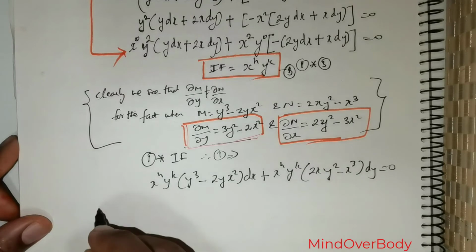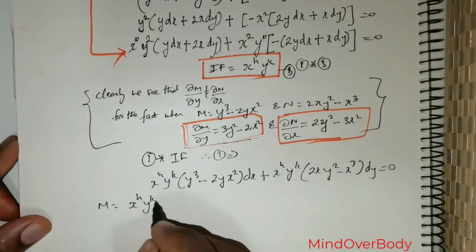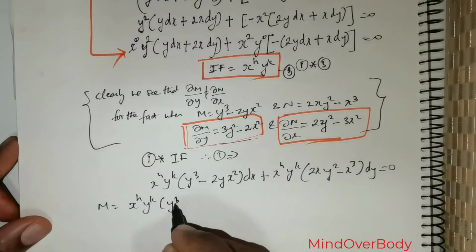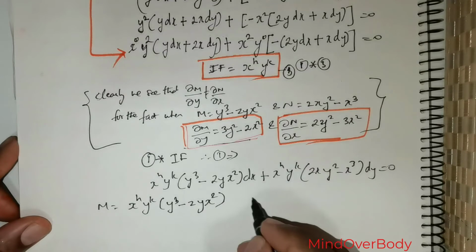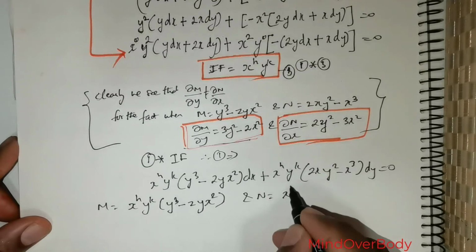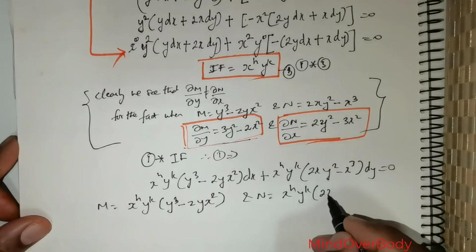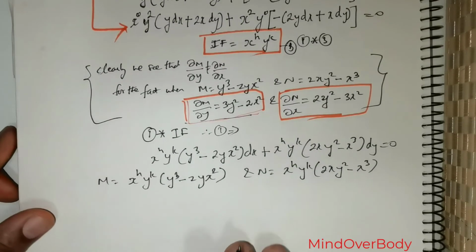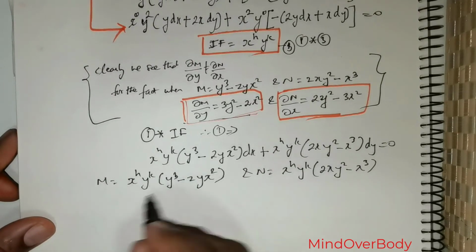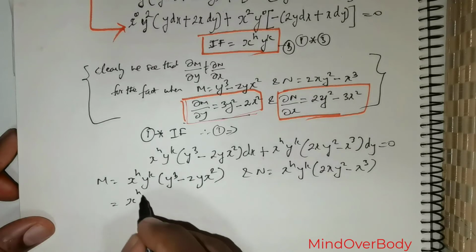So from here I can state M is equal to x^h y^k (y cubed minus 2 y x squared), and N is x^h y^k (2 x y squared minus x cubed).